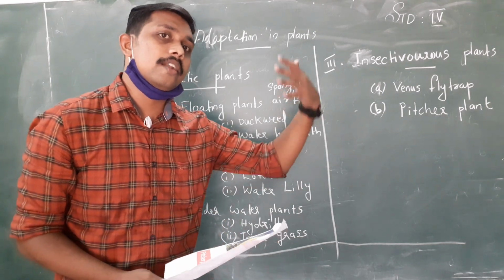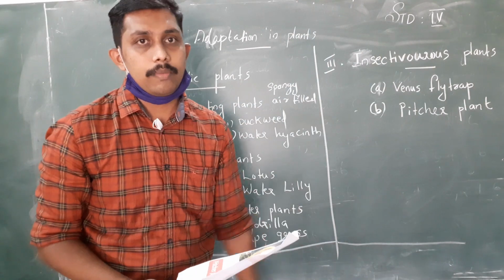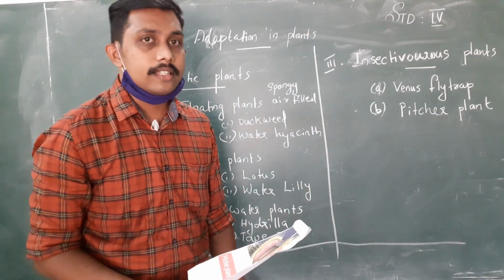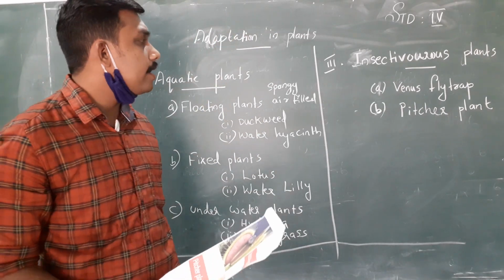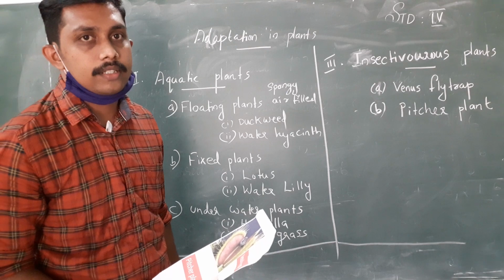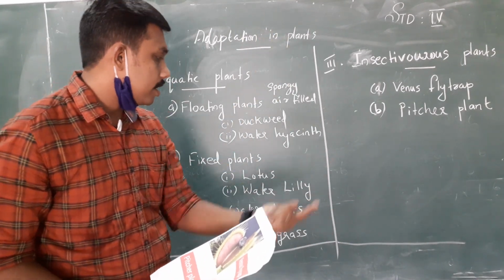Terrestrial plants are plants that grow on land, and we discussed five types, which I have already said. In aquatic plants, we discussed three topics: floating plants, fixed plants, and underwater plants.